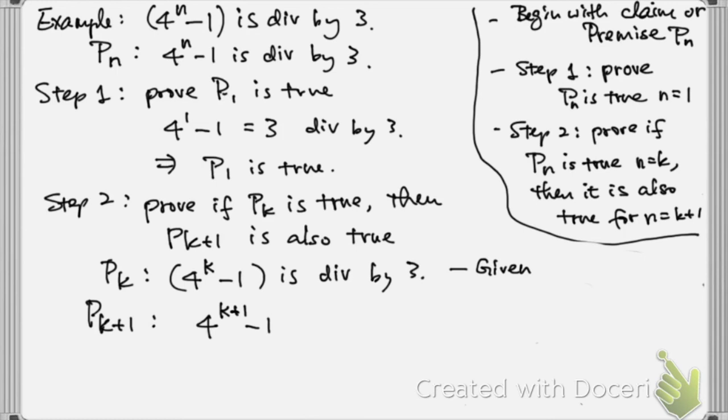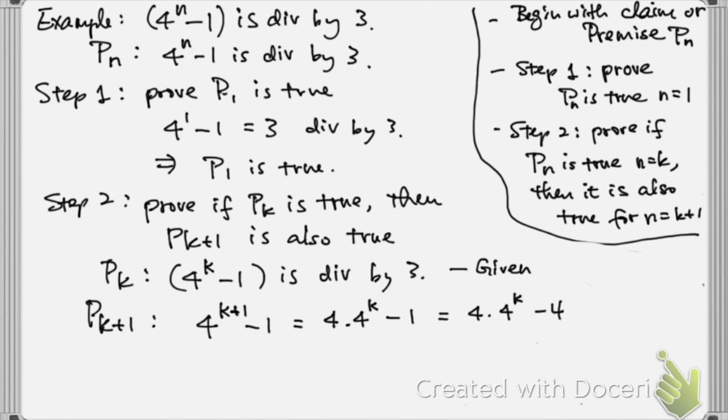Well, I'm going to rewrite this by taking out 4 times 4 to the k. I'm going to do another algebraic manipulation. I'm going to somehow get a negative 4 in the second term. So I'm going to have 4 times 4 to the k.